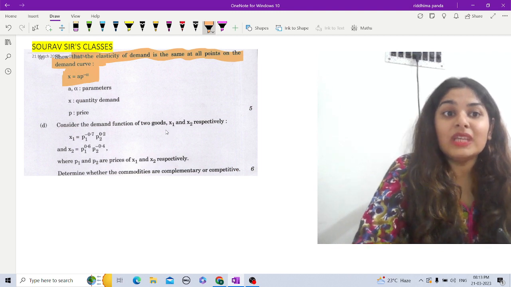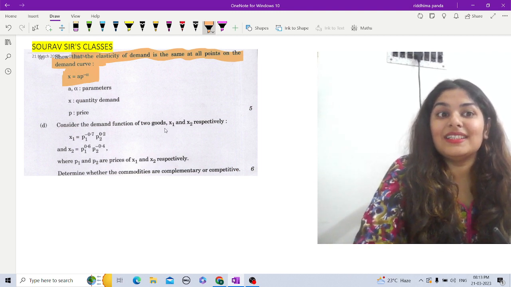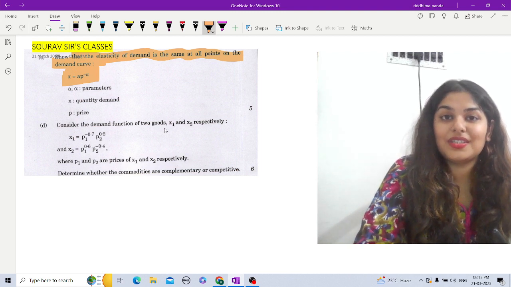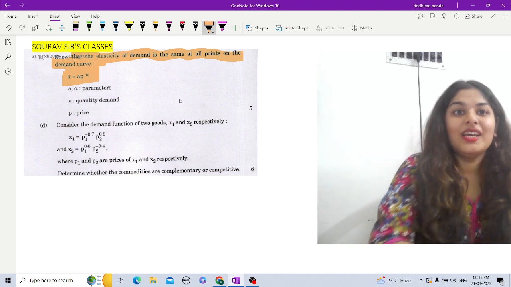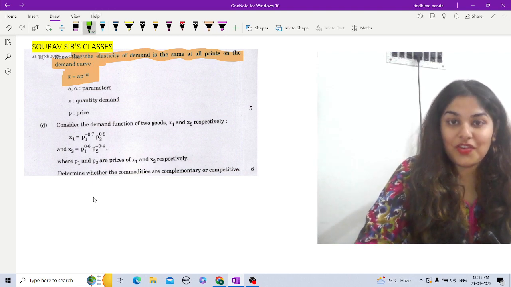Now, same at all points means we have to show that the value of own price elasticity is constant. So let's first write down the formula for own price elasticity.